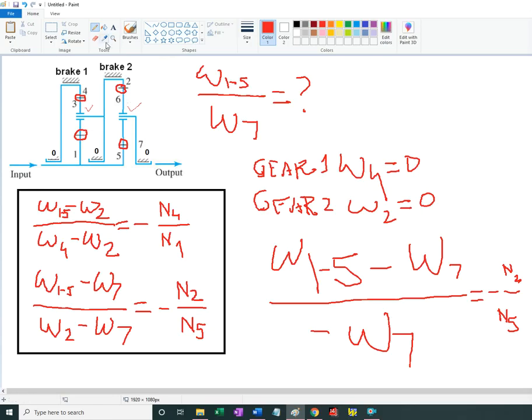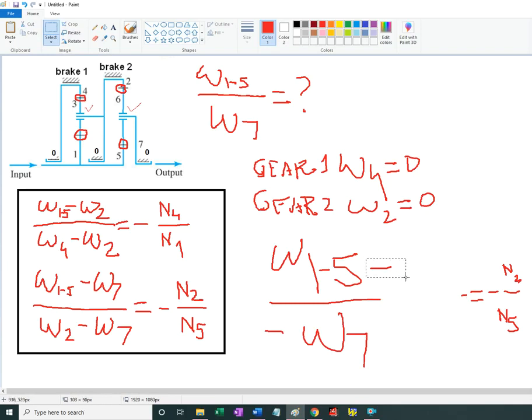I'm using Paint, so I could just say this becomes negative 1. Okay, so in the second gear, the transmission ratio would be negative n2 over n5 plus 1.